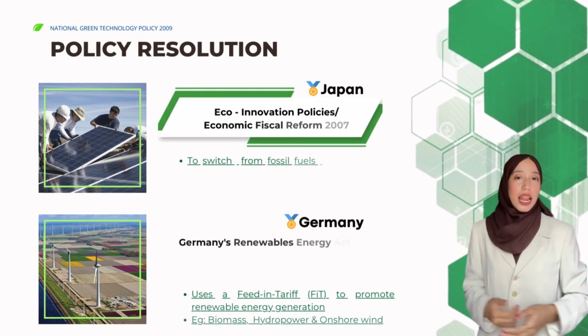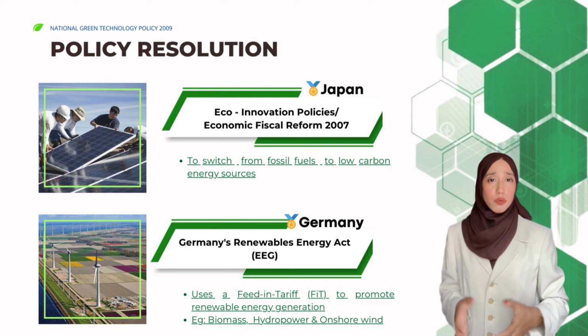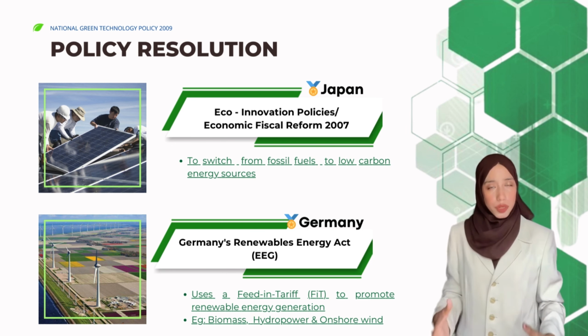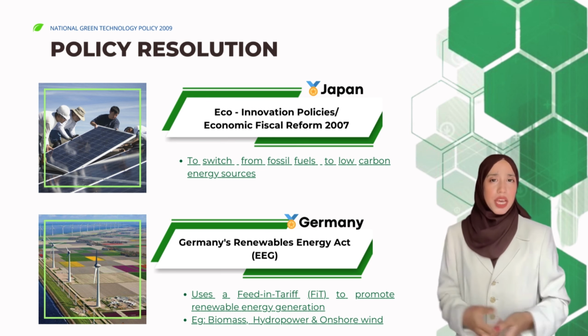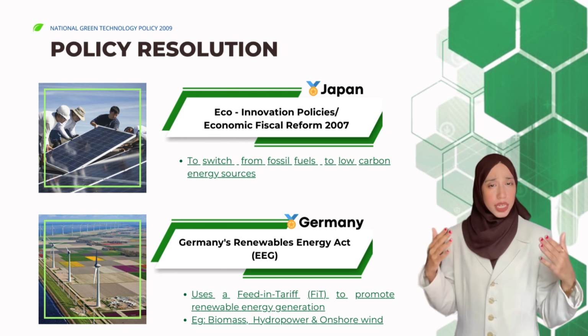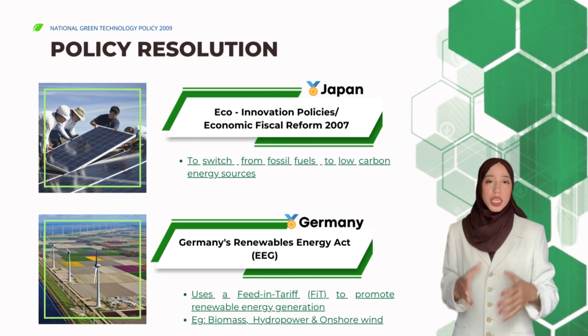For example, Japan's eco-innovation policies, also known as Economic and Fiscal Reform 2007, aim to switch from fossil fuels to low-carbon energy sources, including solar and hydropower. Japan now is gradually increasing the percentage of renewable energy produced in its electricity output.